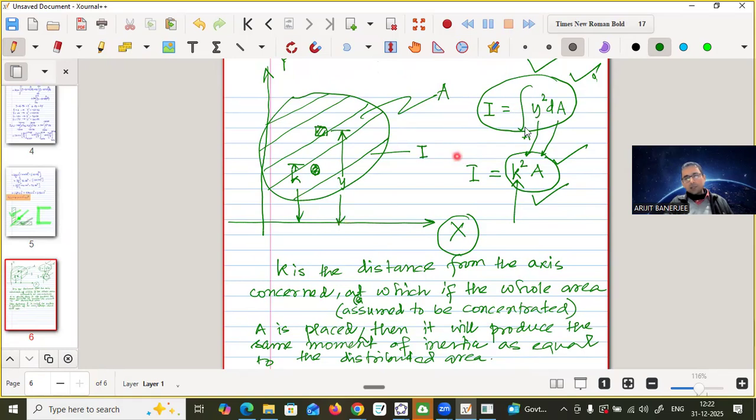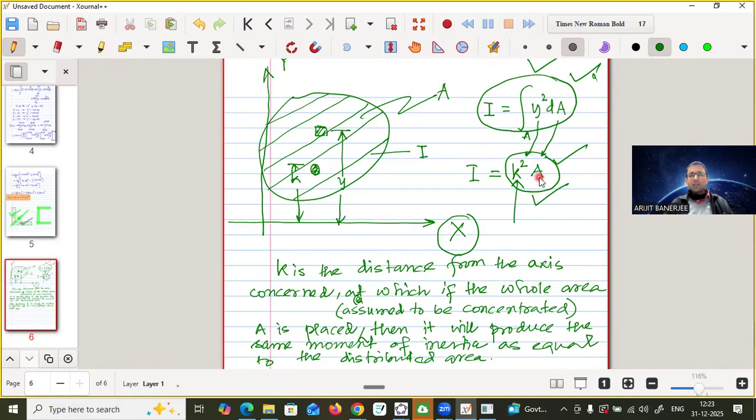And if I integrate this over the area, I can get the moment of inertia.